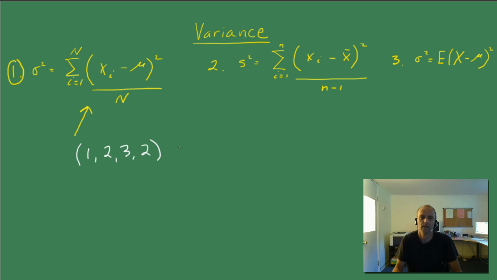We want a measure of how spread out those data are. You might look here and see 1, 2, 3, and 2, and say, well, those numbers are kind of close together. They're not really varying very much. There's not a lot of variance, to use the term. And so the formula for variance is trying to get at a measure for that.